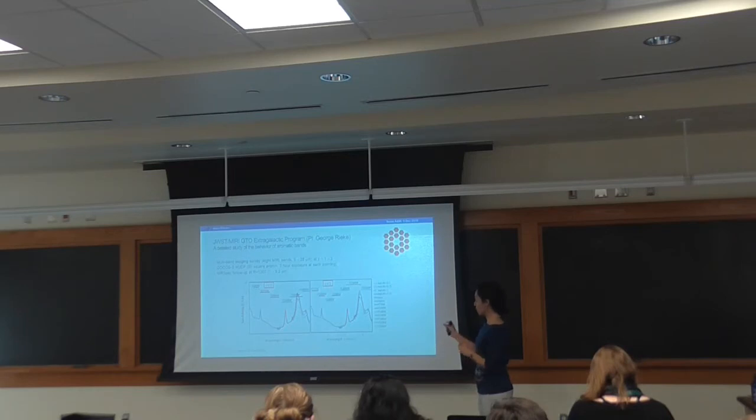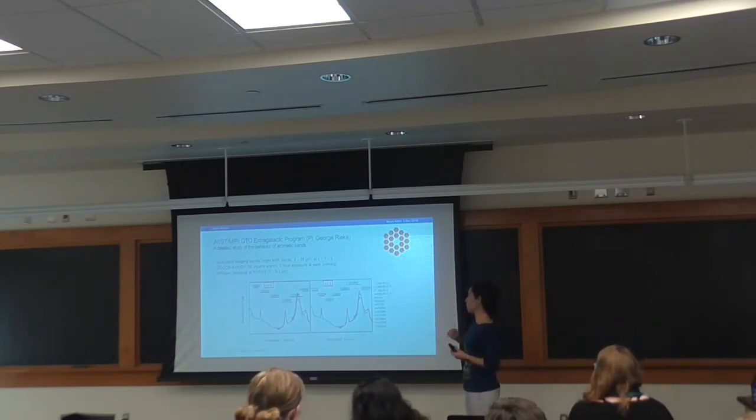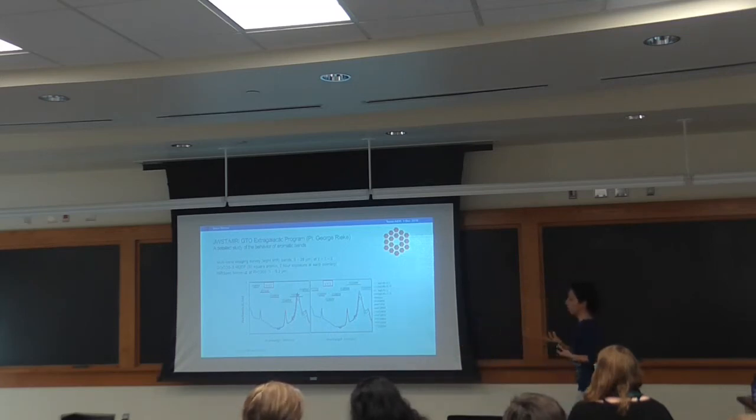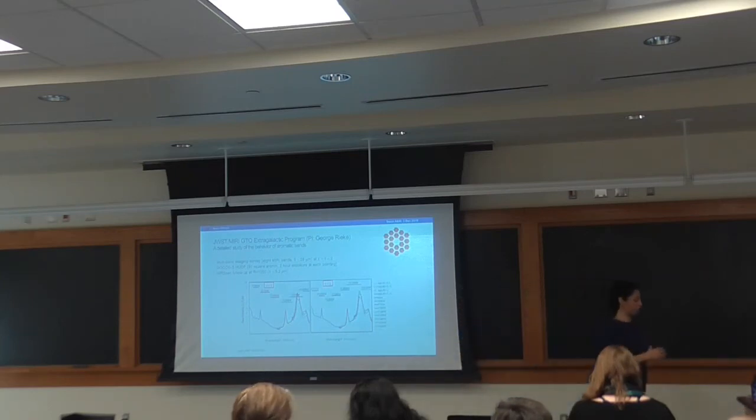These are the full width half max of the MIRI filters, and as you can see, it's basically a very low resolution spectrometer, and we can look at the ratio of different components of PAH molecules. We will learn a lot about the characteristics of these molecules, their sizes, their ionization states, and how they are affected in different environments, given different radiation sources, etc.